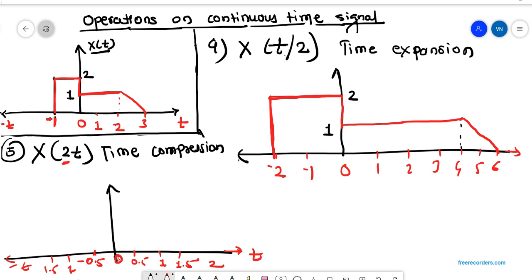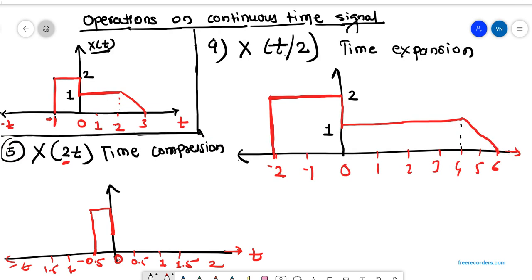So -1 has a 2 amplitude, and that same amplitude you will get at minus 0.5, because -1 divided by 2 is minus 0.5. 0 divided by anything is obviously 0.